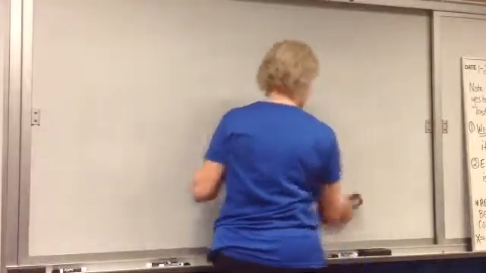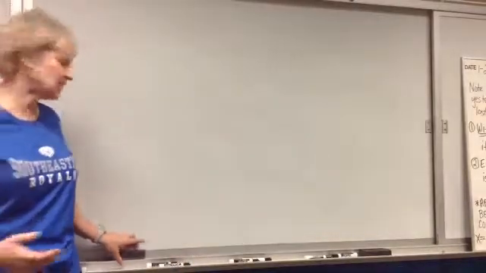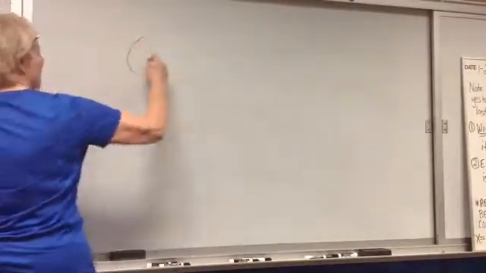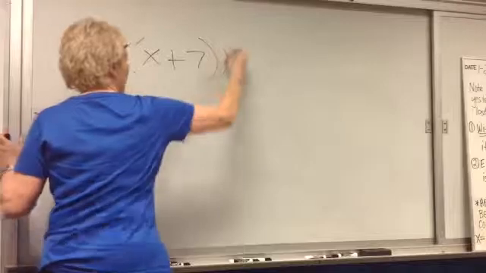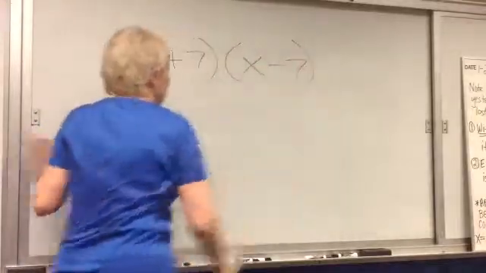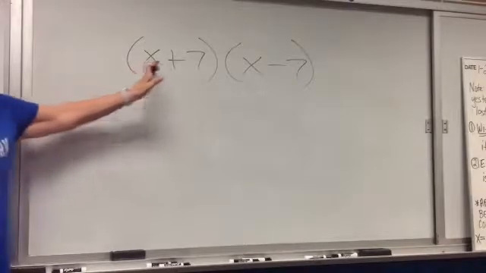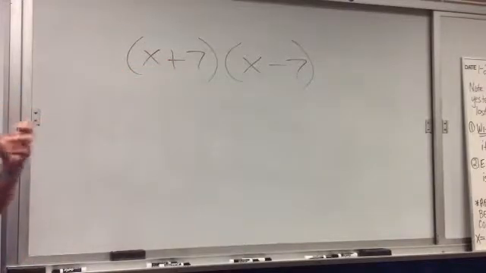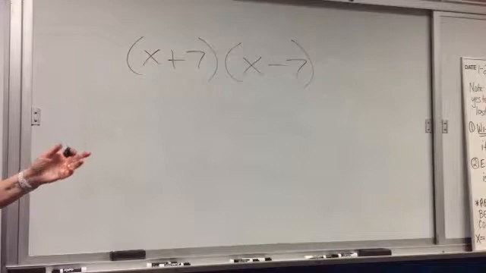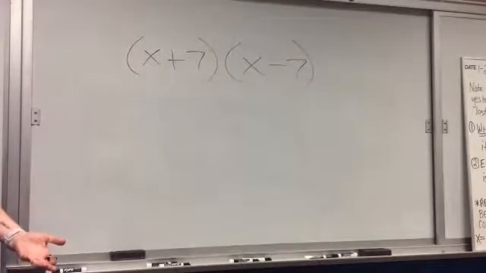This is actually Tuesday's lesson, but I want you to know that it's coming. When you have the exact same first term and the opposite second terms in a binomial, something weird happens.